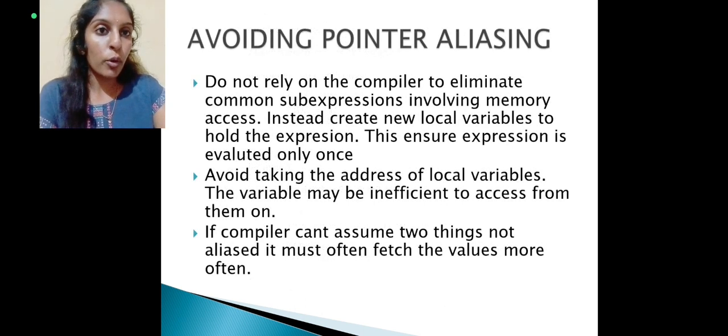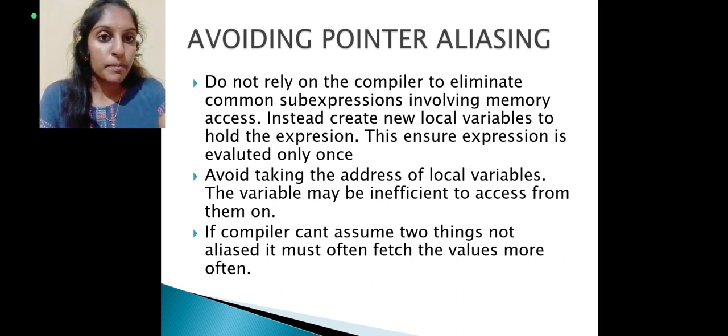Next, avoiding pointer aliasing. Do not rely on the compiler to eliminate common sub-expressions involving memory access. Instead, create a new local variable to hold the expression. This ensures the expression is evaluated only once.